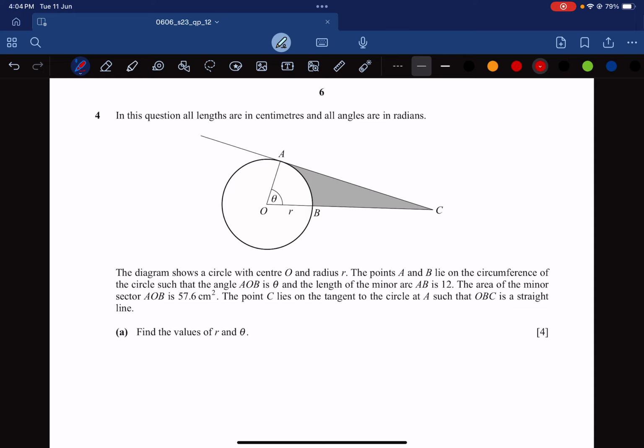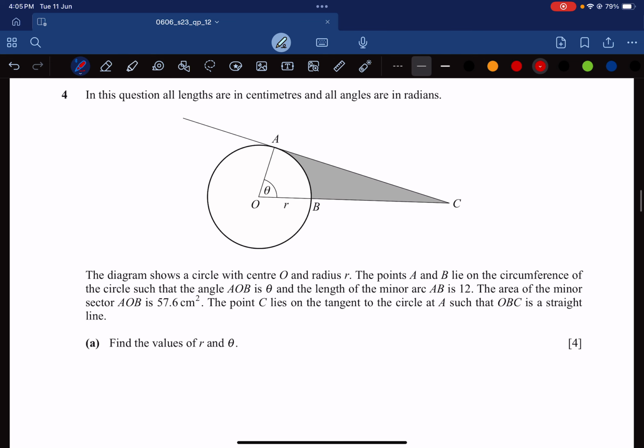In this question, all lengths are in centimeters and all angles are in radians. The diagram shows a circle with center O and radius r, points A and B lie on the circumference. The length of the minor arc is 12. What does this word minor mean?